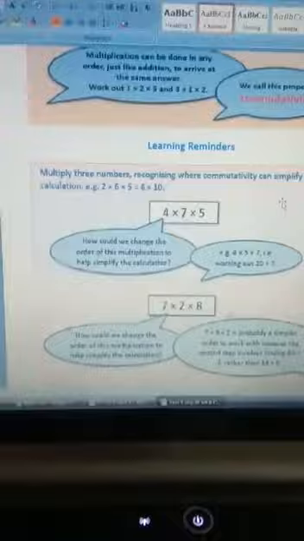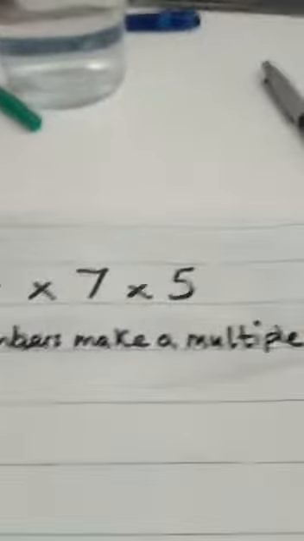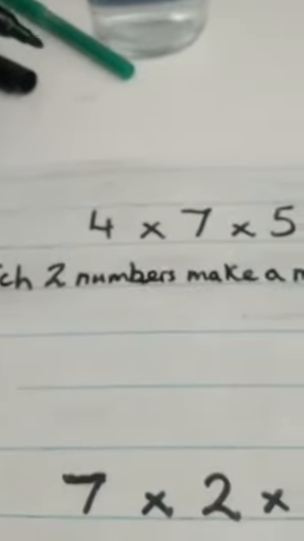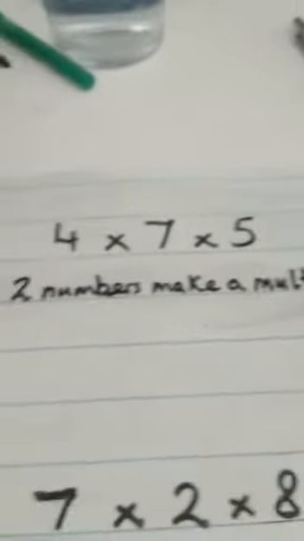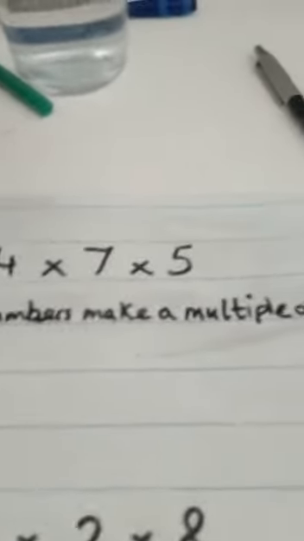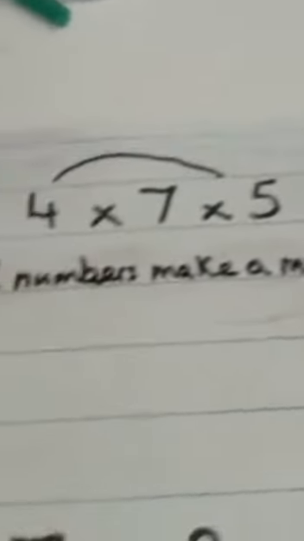So 4 times 7 times 5, we can look at this sheet and think about which ones first of all can make a multiple of 10. So 4 times 7, no, not a multiple of 10, but 4 times 5 will make 20.